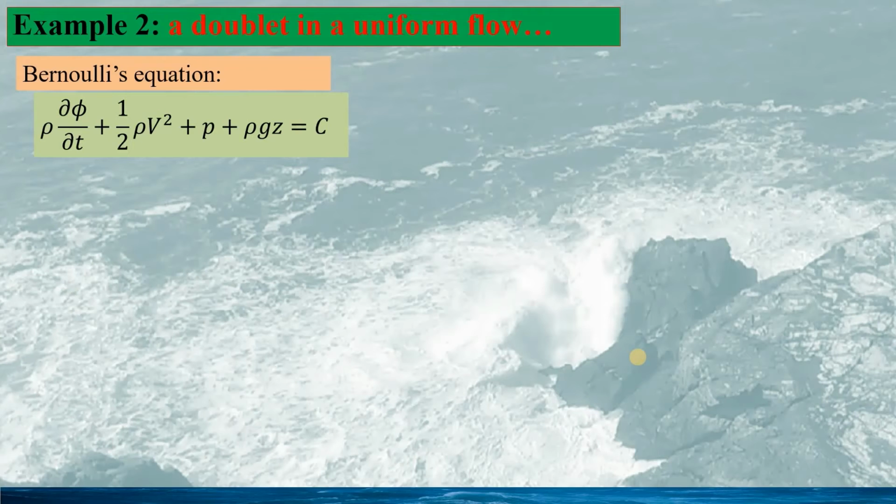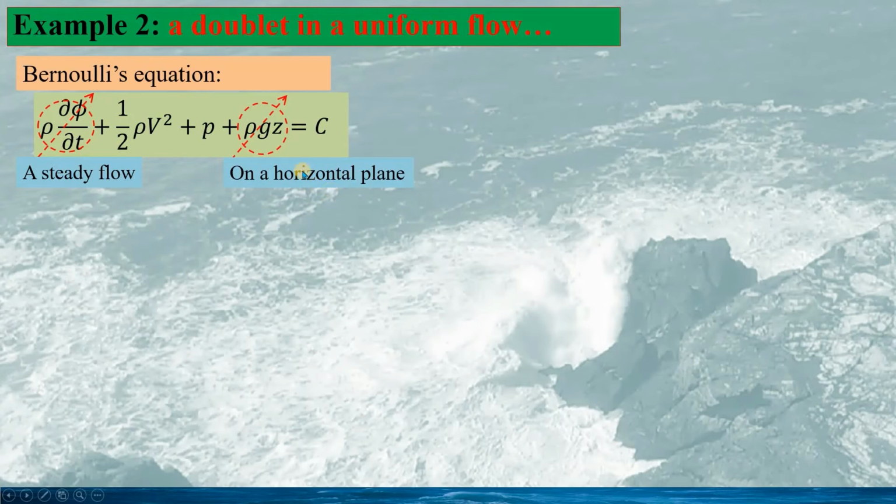In this slide, we'll have a look at the pressure distribution in the flow for the uniform flow and a doublet. The general Bernoulli's equation would be given as this. However, for this example, the uniform flow past the dipole, it is a steady flow, so the first term would vanish.